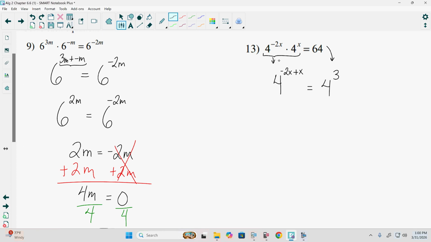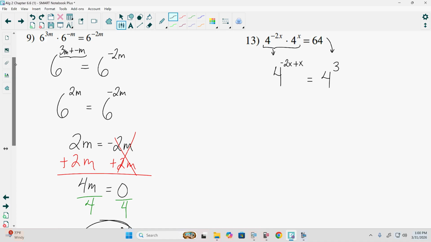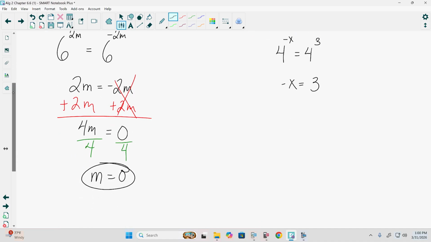And we can rewrite this product as 4 to the negative 2x plus x. Well, negative 2x plus x is negative x. So we're saying 4 to the negative x is equal to 4 to the third. Since the bases are the same, the exponents have to be the same as well.